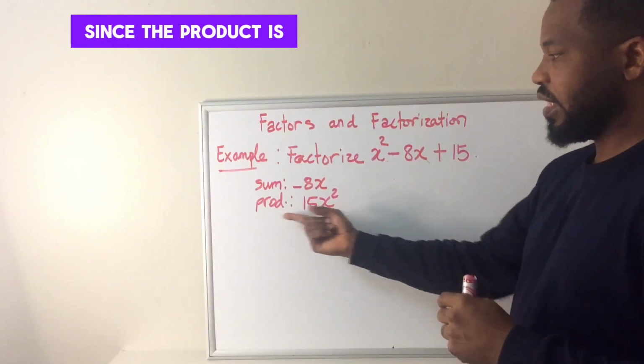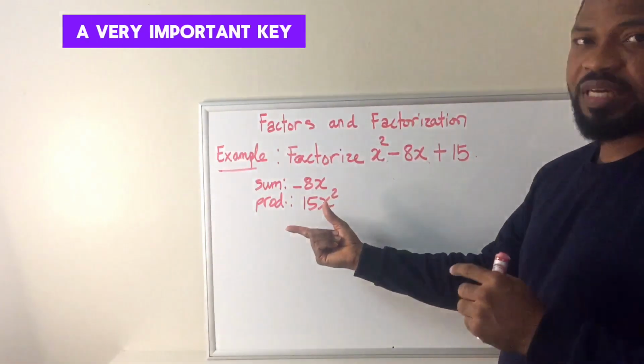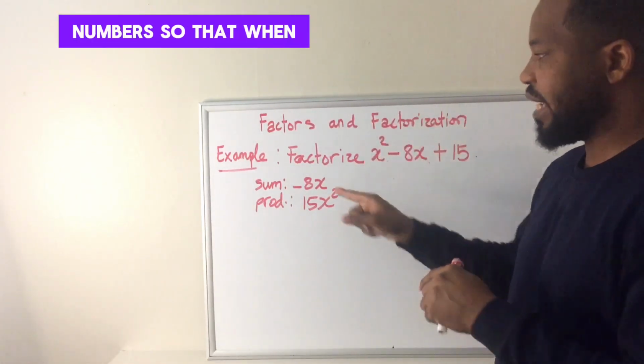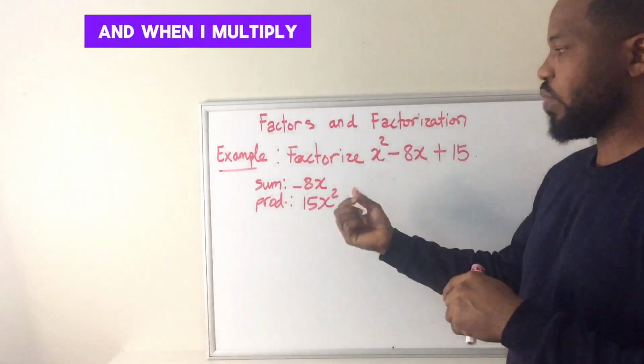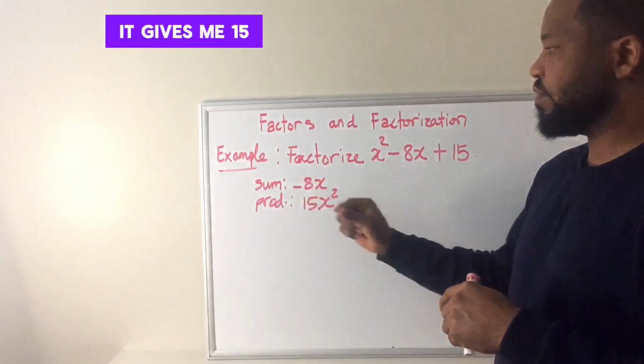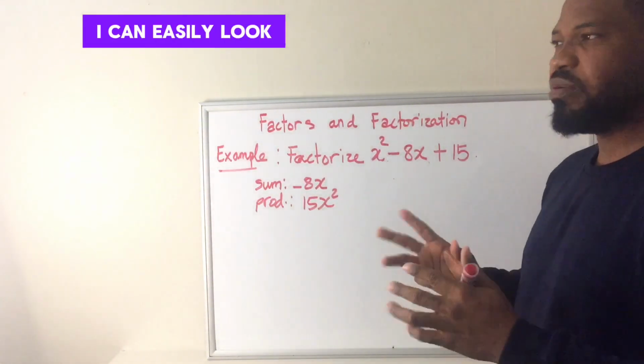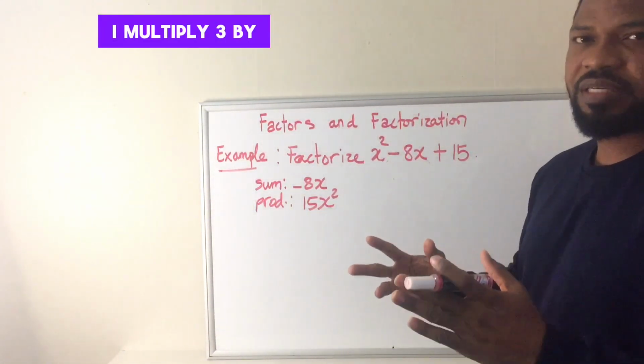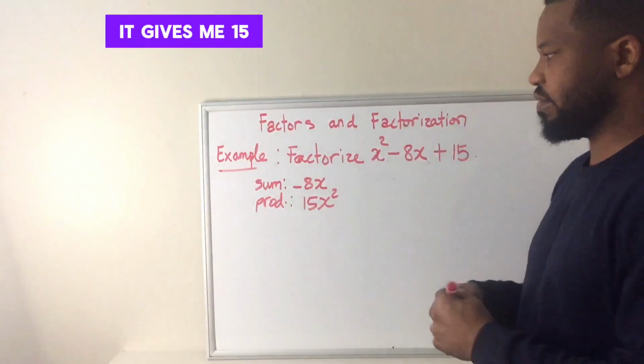Since the product is a very important key here, I could just ask, what are the two numbers such that when I add them, I'll get minus 8, and when I multiply, it gives me 15. I can easily look at 15 and say, if I multiply 3 by 5, it gives me 15, right?